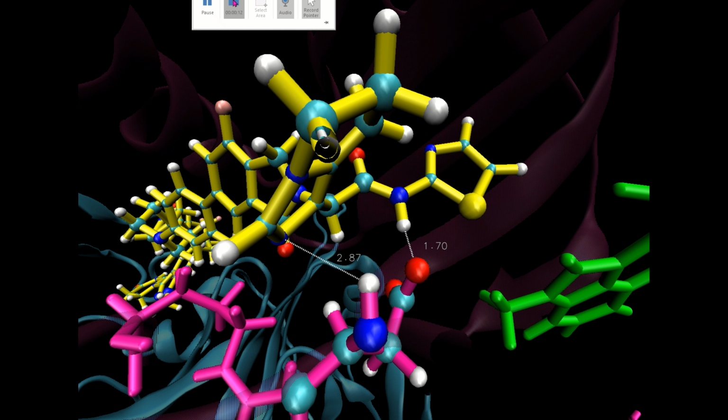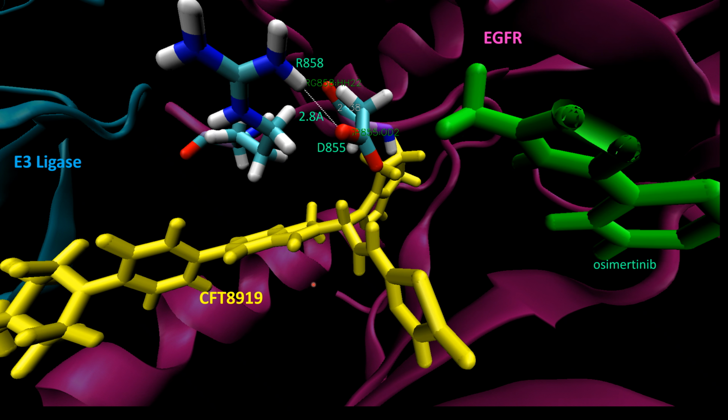If I zoom in even closer, we can see bond distances between key residues. I am zooming in on the molecular dynamics simulation to highlight key EGFR residues located within 2 to 3 angstroms of CFT, revealing close atomic level interactions that may contribute to binding stability.